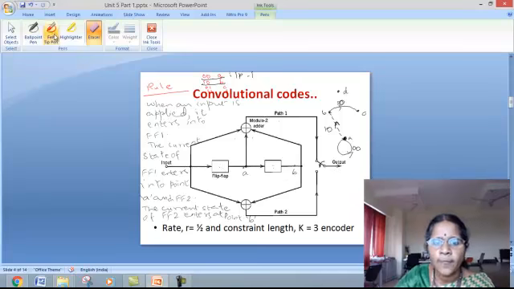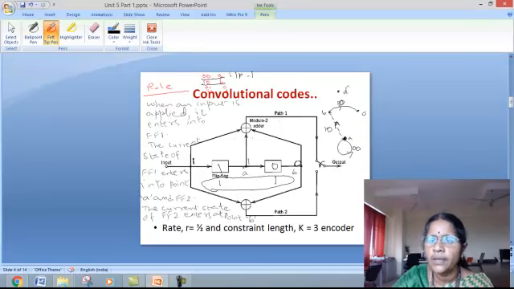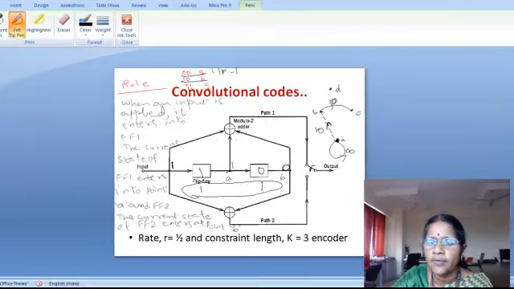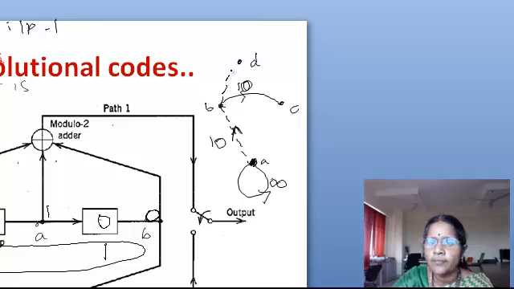Now for the same state B, 1, 0, let the input be now 1. So this 1 will be available here, this 1 here, and also here, this 0 here. So what is my next state? It is D. So from B, it goes to D when I give an input of 1.